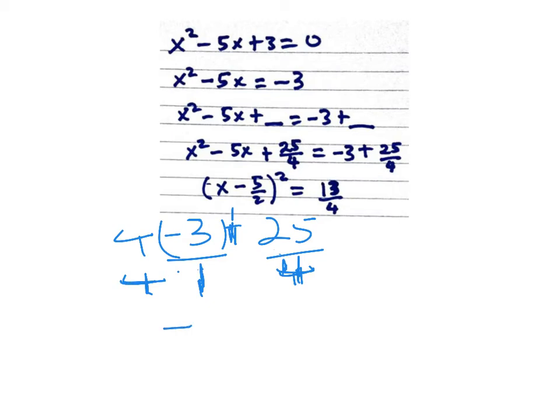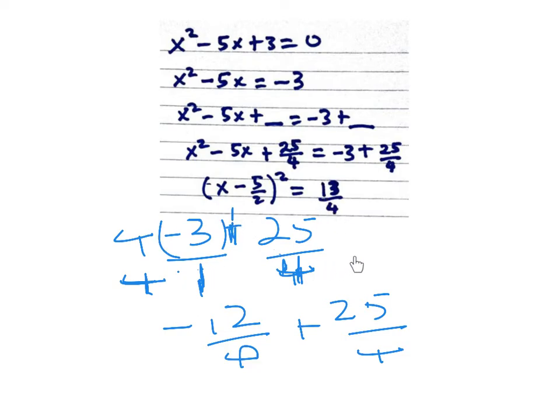It used to be 1 over here. You will get -12/4 plus 25/4. So -12 plus 25 is 13. That's how I got the 13 over here. Then you keep the denominator and add the numerators, following the rules for adding fractions. You will get 13/4.